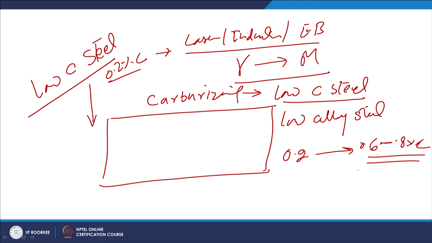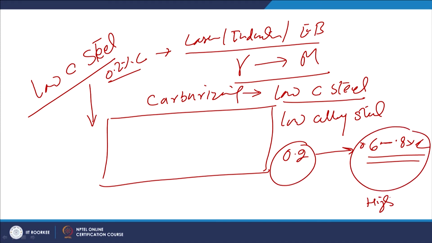So, the carbon content is increased from a very low level to a higher level. This is basically falling in the category of high carbon steel, while this is the low carbon steel category where carbon content is less than 0.25, and if the carbon content is more than 0.5, then it will be high carbon steel.